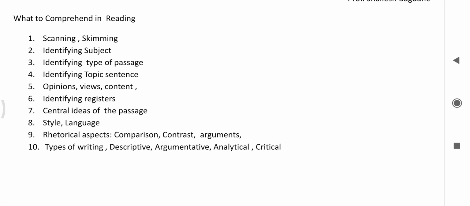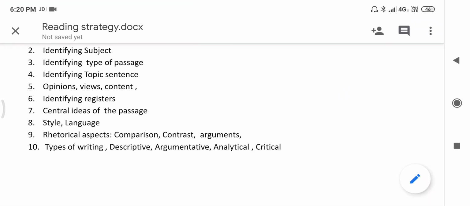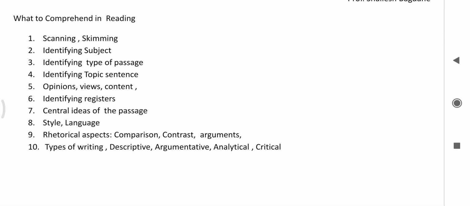If the passage is discussing more than one point, then what are these points? What are the central ideas the passage is discussing? So, we have to find them out. In each and every paragraph, we may have different ideas and different messages the author wishes to convey to us.